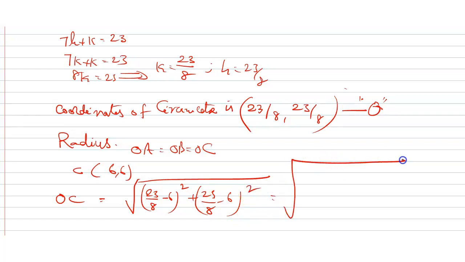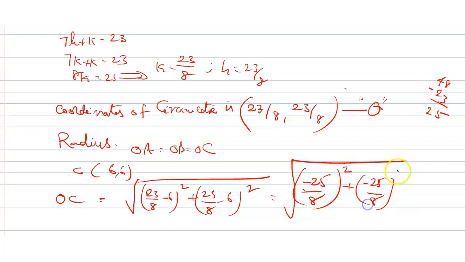This is equal to square root of 8 6 are 48. 23 minus 48. 48, 23. If you take out 5, 4 minus 2, 25. 25, that is minus 25. Minus 25 by 8 whole square plus minus 25 by 8 whole square.